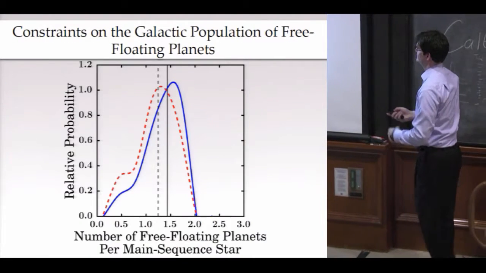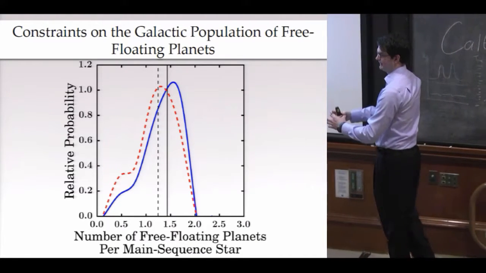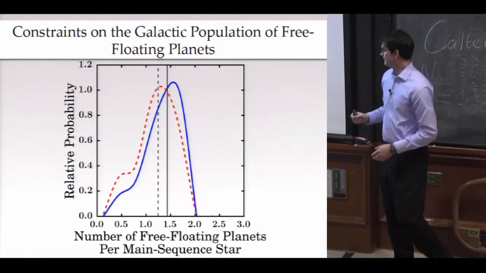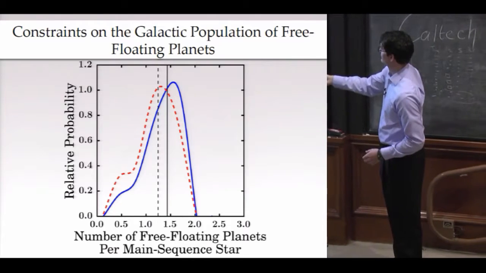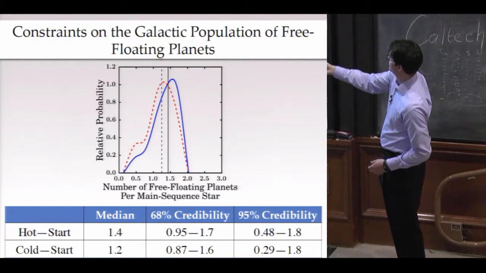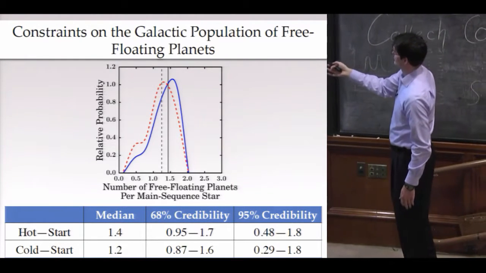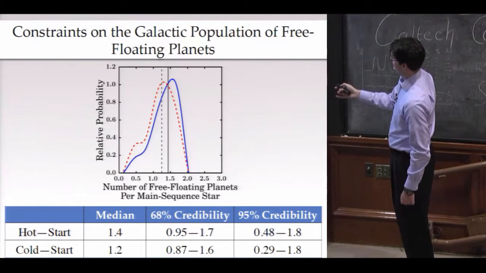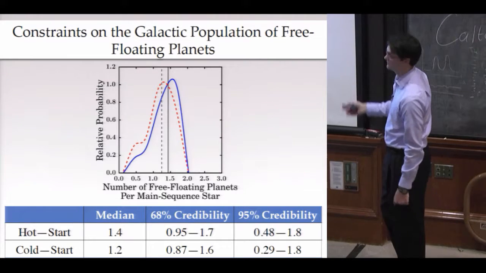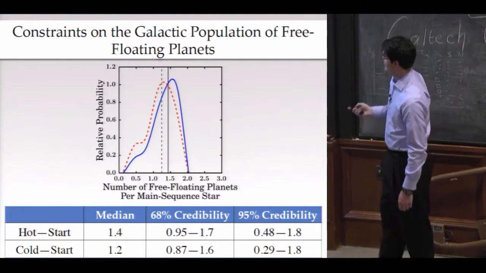It turns out that you can best explain the residuals by a population of free-floating planets of about 1.5 or 2 Jupiter masses, and you would need about 1.4 of them in the case of the hot start models, or about 1.2 in the case of the cold start models. Again, these are the median values, but it could be as low as 0.5 free-floating planets per main sequence star for hot start models, or even as low as 0.3 in the case of cold start models. This just shows the full posterior on this value.